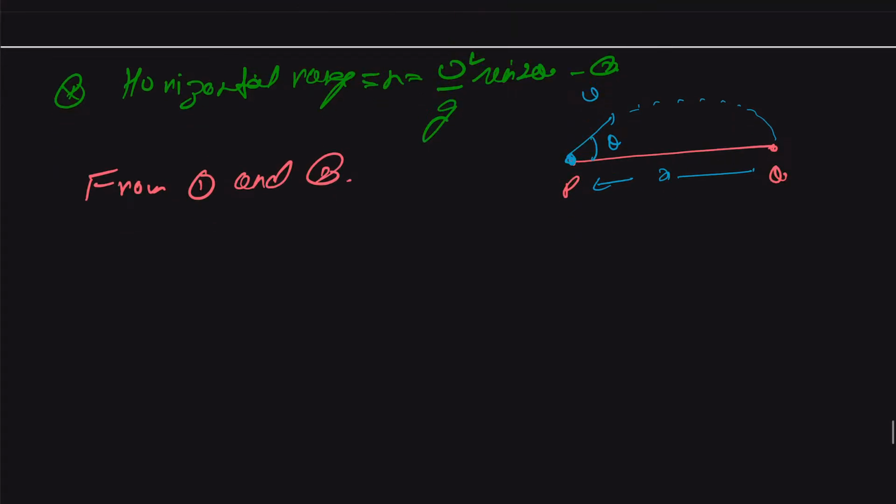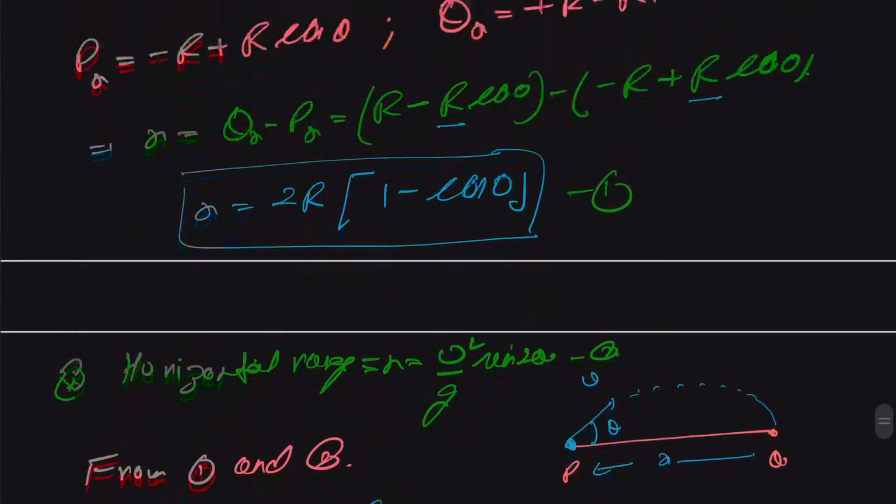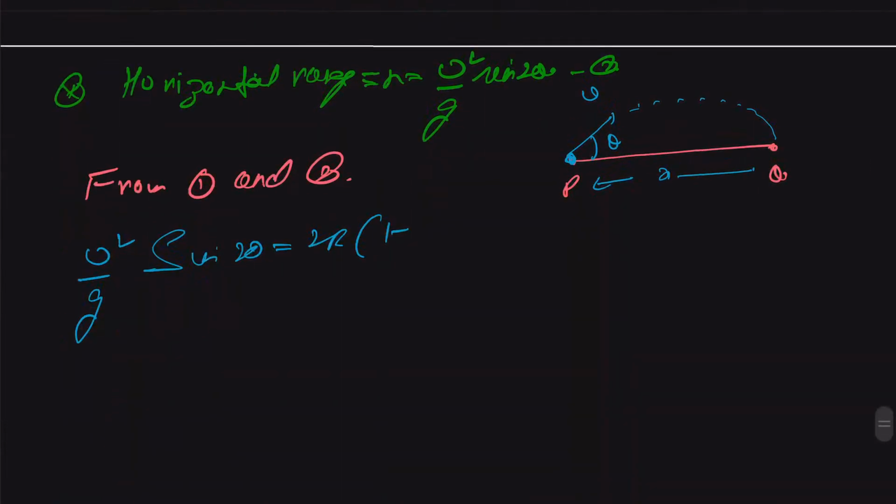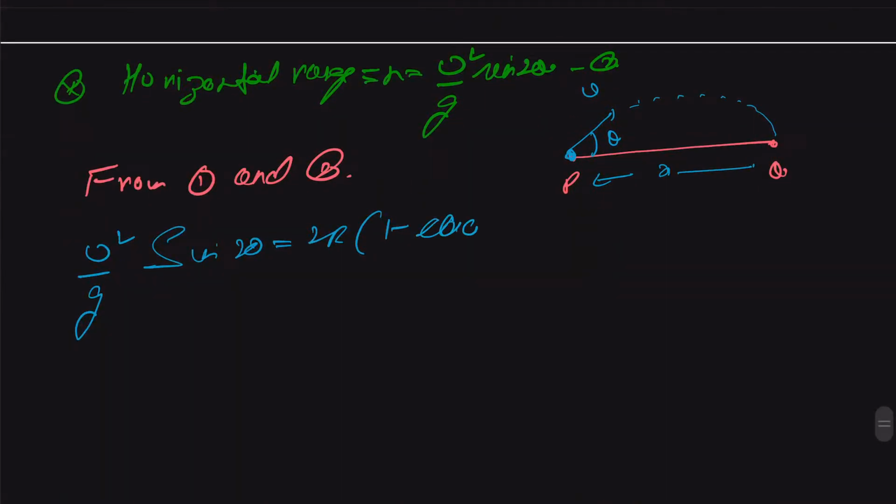So from 1 and 2 we get v square upon g sine 2 theta is equal to 2r (1 minus cos theta).